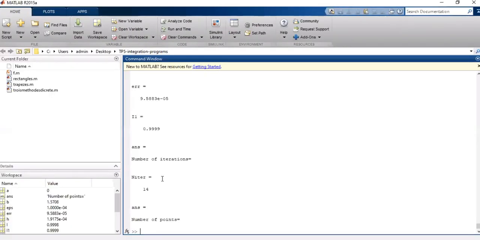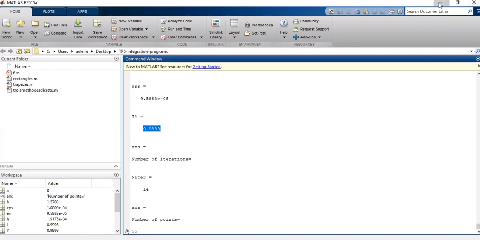You see, number of iterations equals 14. The integration is 0.9999. It should be 1. But as I said, I took an error of 10 to the minus 4 in absolute value, so that's why I got the result up to a precision of 10 to the minus 4.